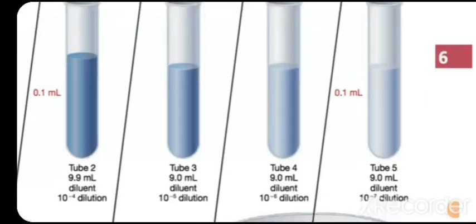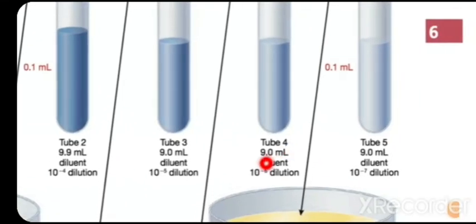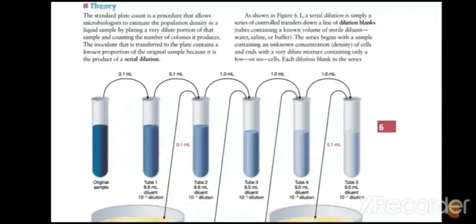It is 0.1 ml. So 20 into 10 raised to 6 divided by 0.1, that means 20 into 10 raised to 7 per ml. This will be the microbial count of the milk sample.